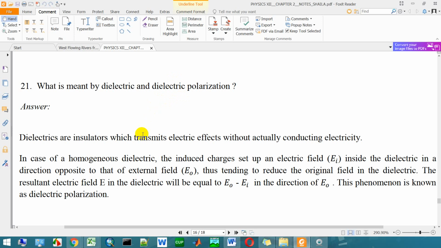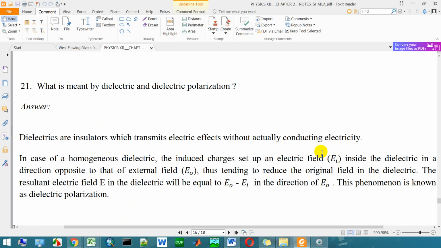Here, you know about insulators. So dielectrics also are insulators, but a dielectric transmits electric effects. That is the importance of dielectric. It transmits electric effects without actually conducting electricity.